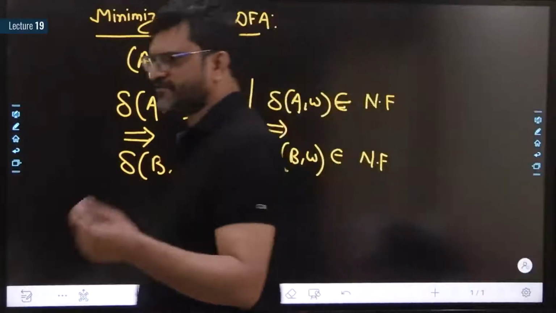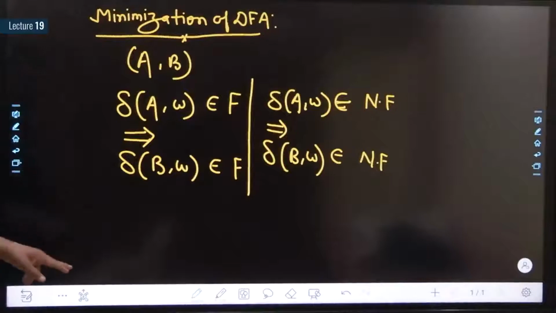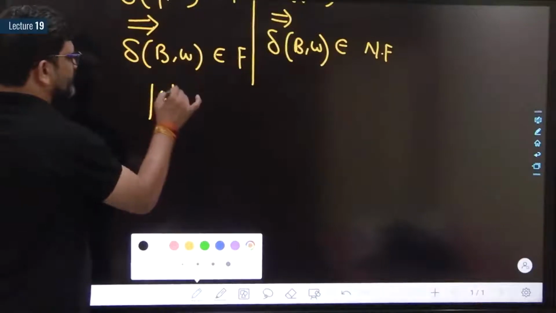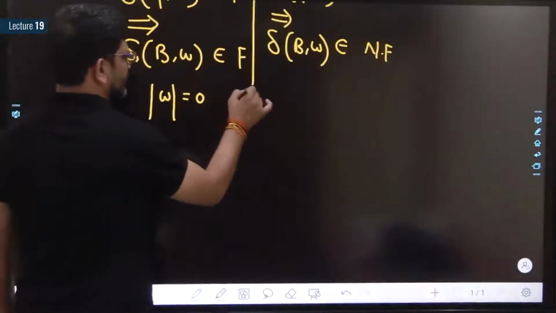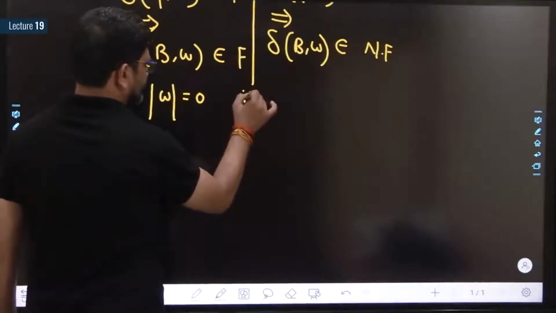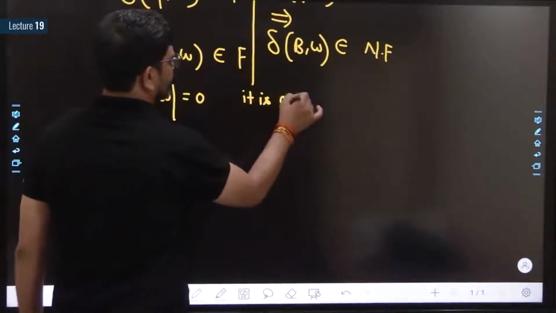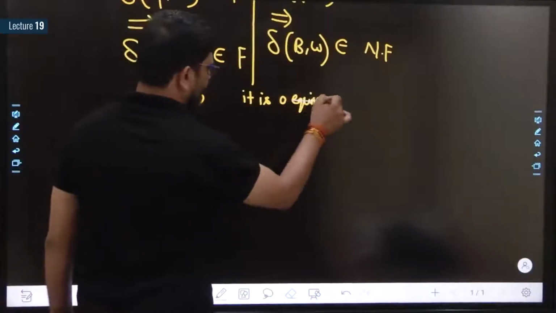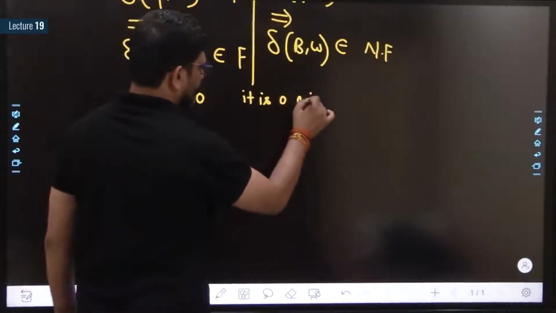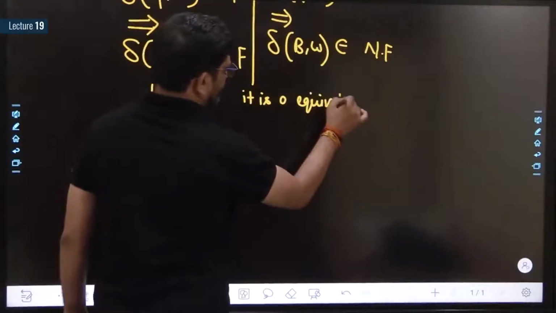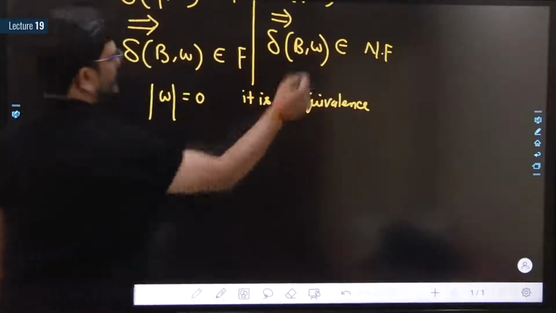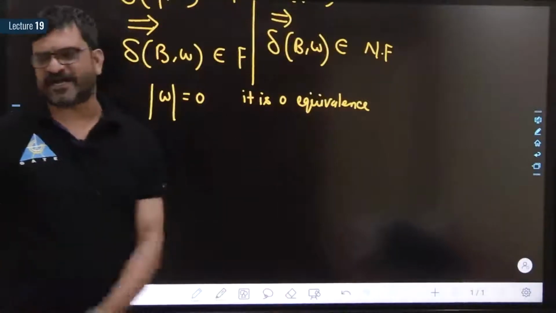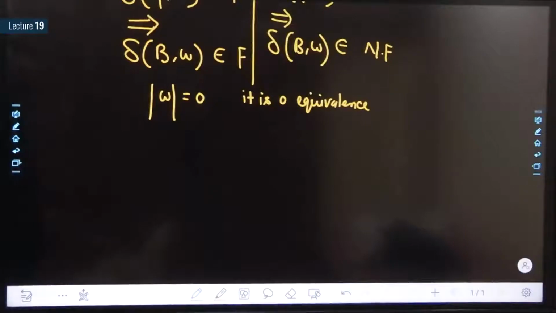What is zero equivalence? What is one equivalence? What is two equivalence? Please see. Whenever the length of the string is 0, we can say these states are zero equivalent.